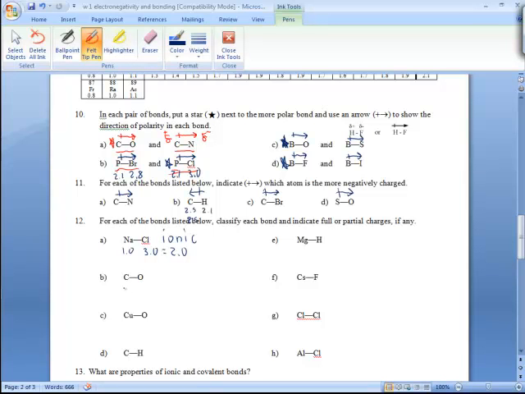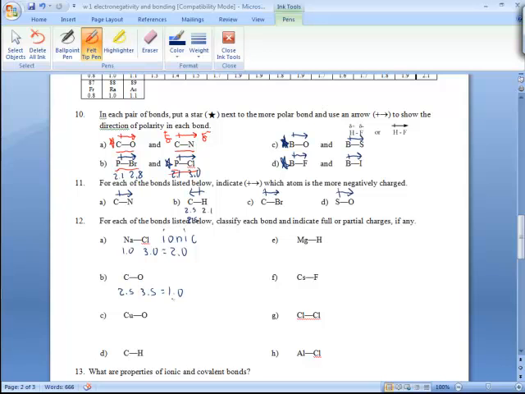Looking at B, we have carbon and oxygen. Carbon has an electronegativity of 2.5, and oxygen has an electronegativity of 3.5. The difference between those two numbers is 1.0.